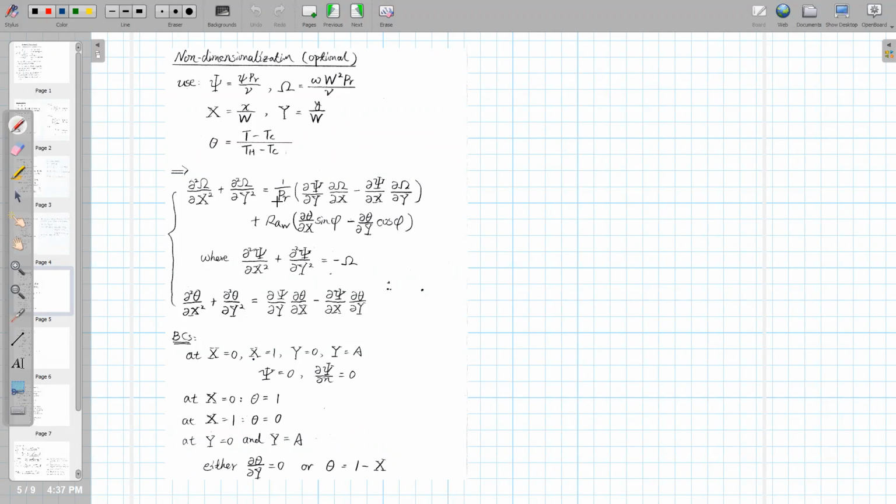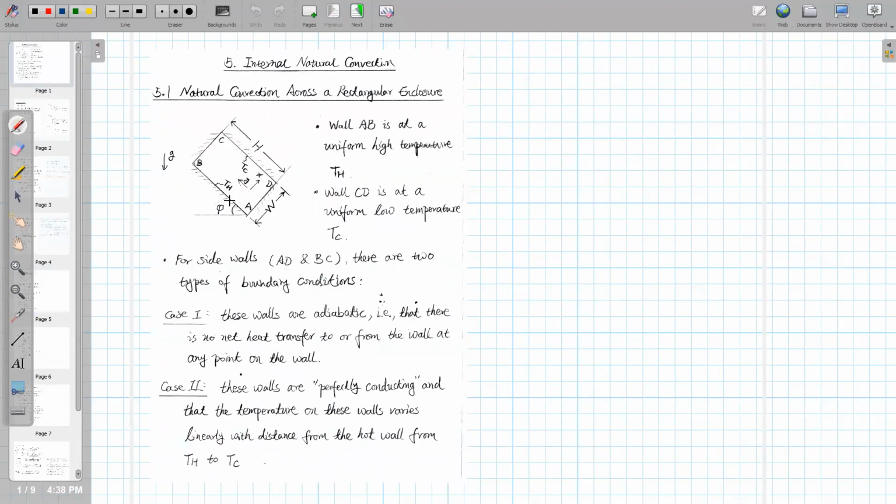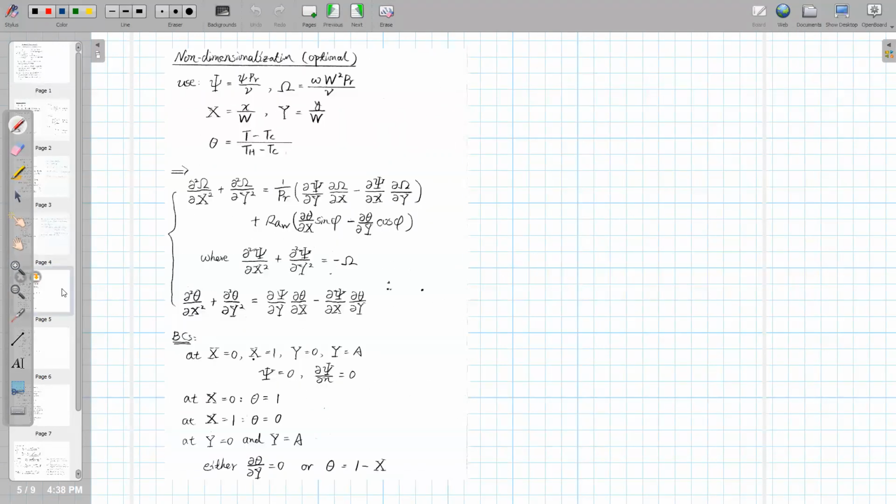The Prandtl number is showing here, and the Rayleigh number defined based on the width W is showing here. This W means it's using the length scale W for the Rayleigh number. Also, this inclination angle phi is already a dimensionless parameter because we use angle.